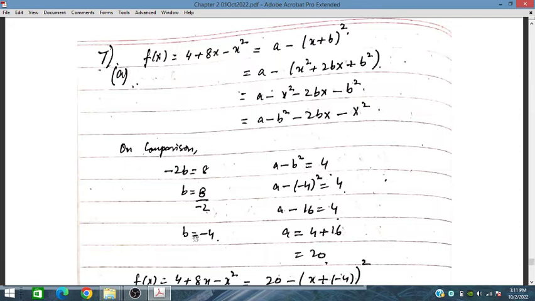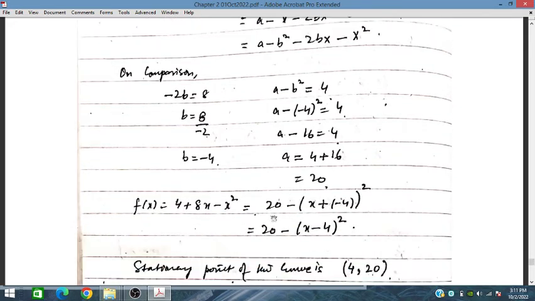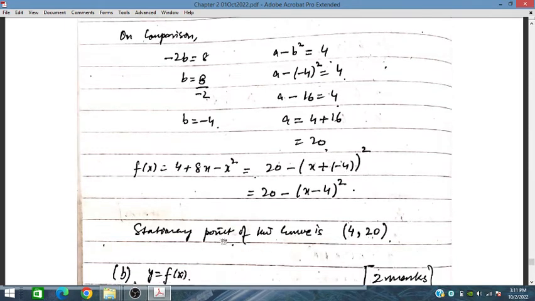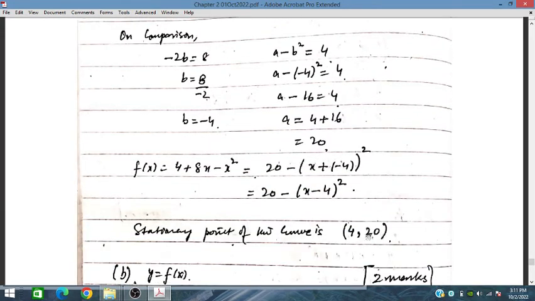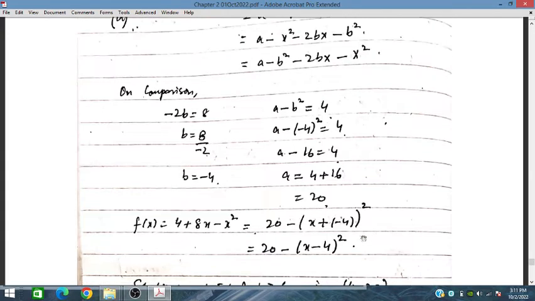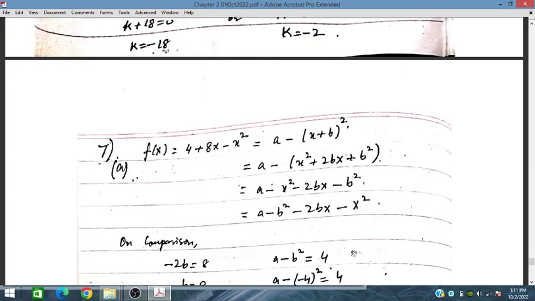So from this we have the b value, and by substituting it we have the a value. Replacing a and b at the respective positions, we have the stationary point of the curve, 4, 20. This is the stationary point, and the curve has a maximum, because this is negative, so the curve has this shape.